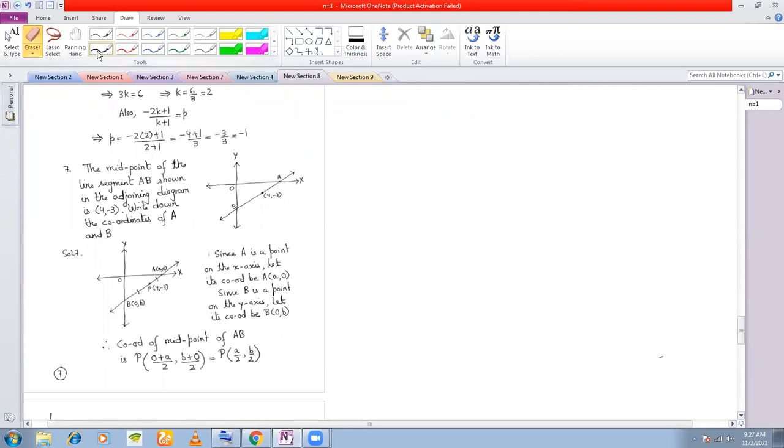Look at this, number 7. The question is, the midpoint of the line segment AB shown in the adjoining diagram is (4, -3). Write down the coordinates of A and B. This shouldn't be much of a problem.